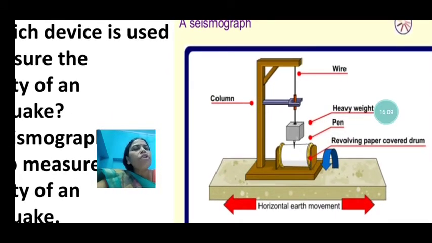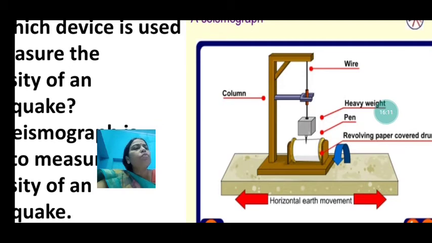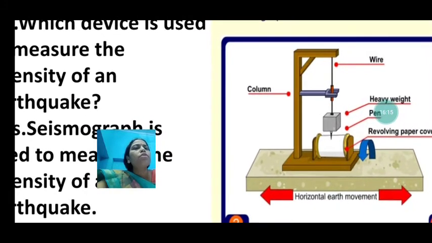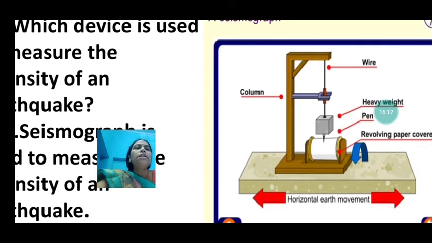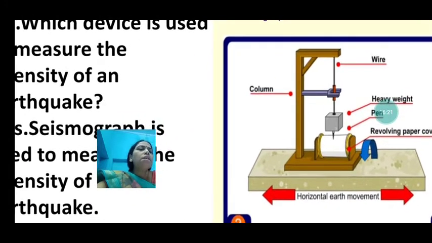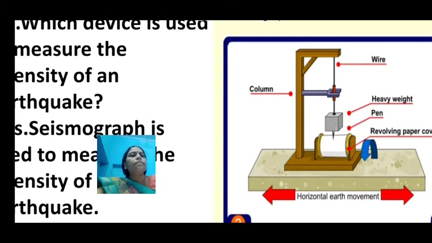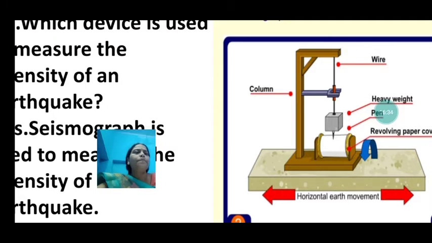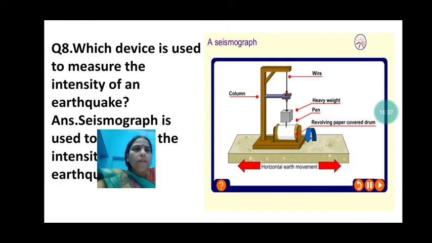The drum will shake and the pen will be held at its own place, and then the pen is going to record the intensity. If it is very high, it will shake very fast, and the pen will write like this on the paper. This is how the seismograph can measure the intensity.